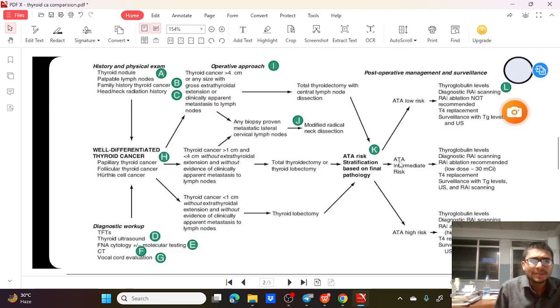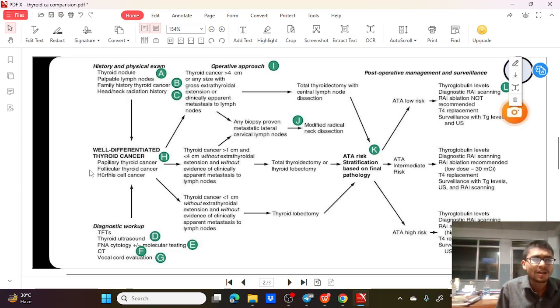Now coming to the flowchart for management of the differentiated thyroid cancers, that are the papillary, follicular and Hurthle cell cancers. So we'll go for history and physical examination, and along with that we'll go for quadruple assessment, which includes the ultrasound examination, the thyroid function test, and lastly the FNAC or biopsy as per need.